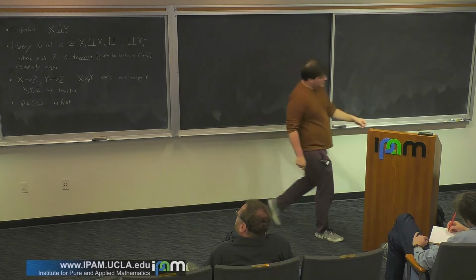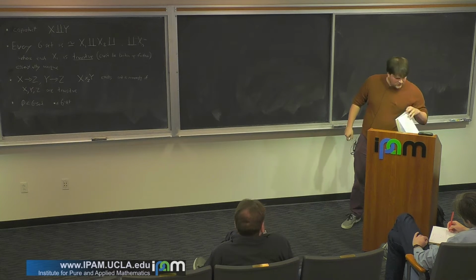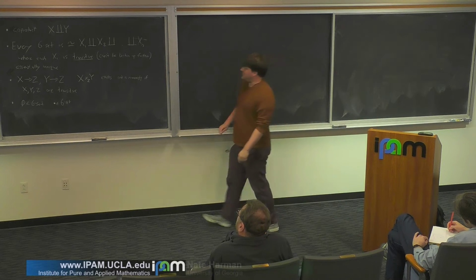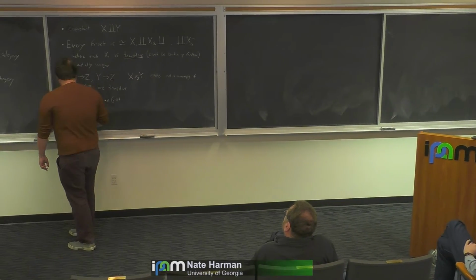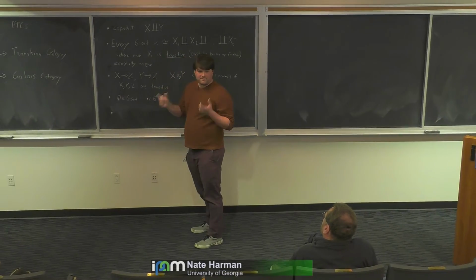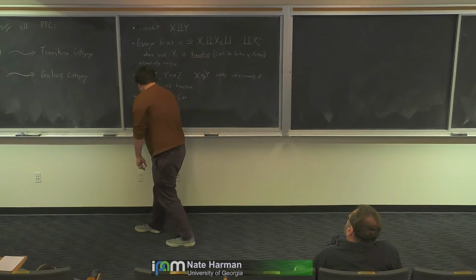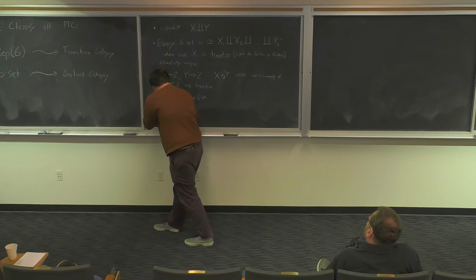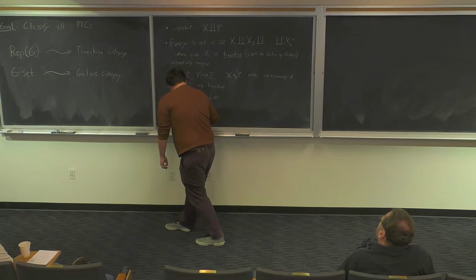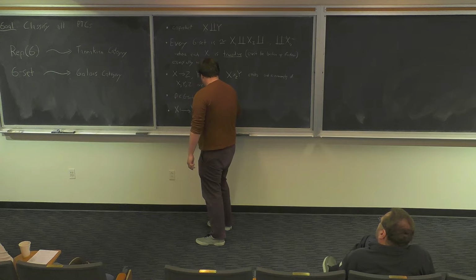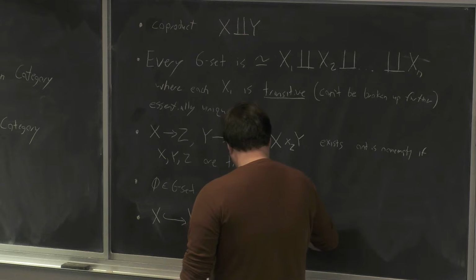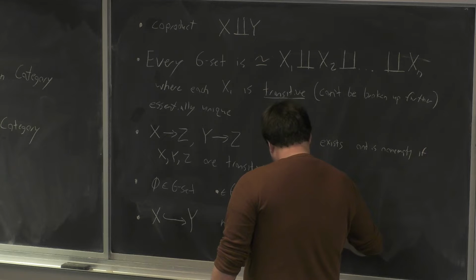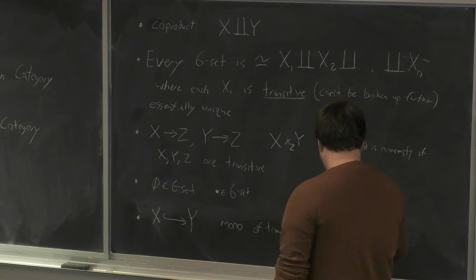Also, actually, a big one about these transitive sets that I can't believe I skipped is that if you have two transitive G sets, and I have a map x to y, this monomorphism of transitive G sets is an isomorphism.